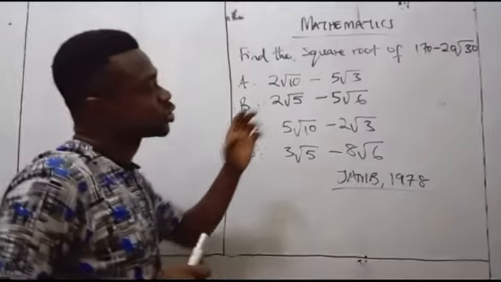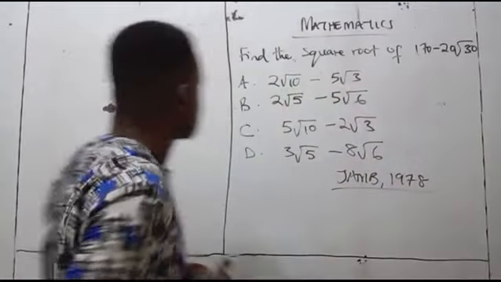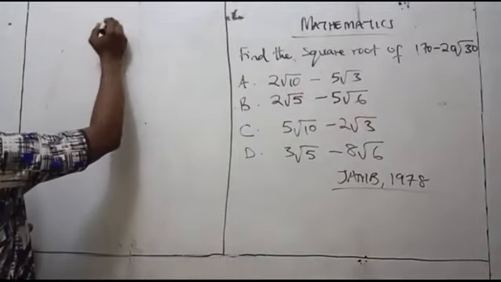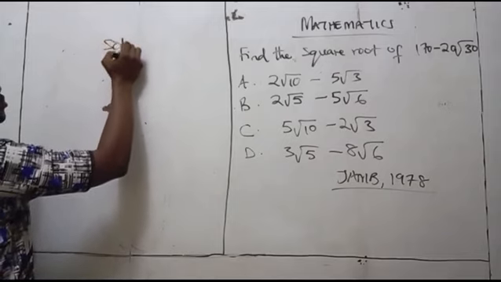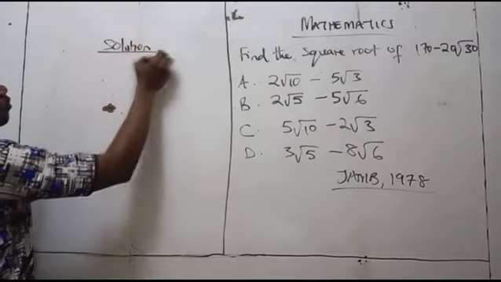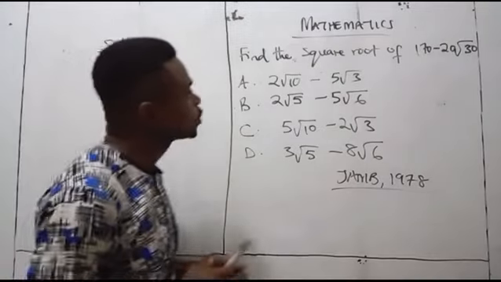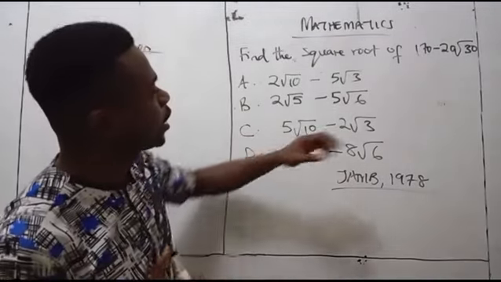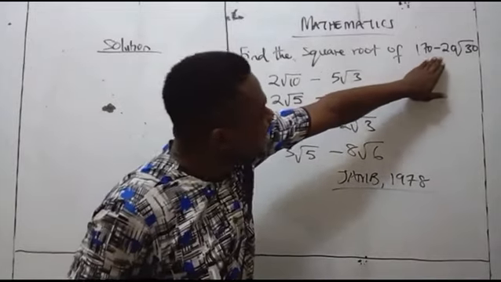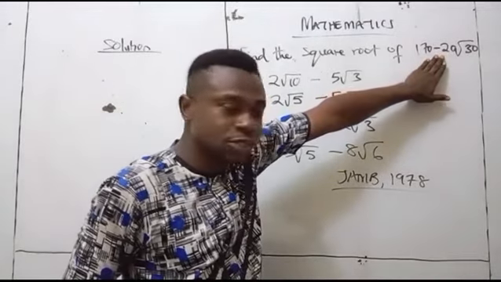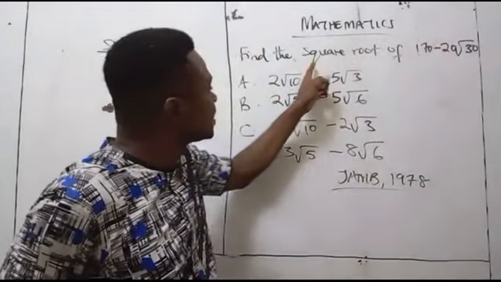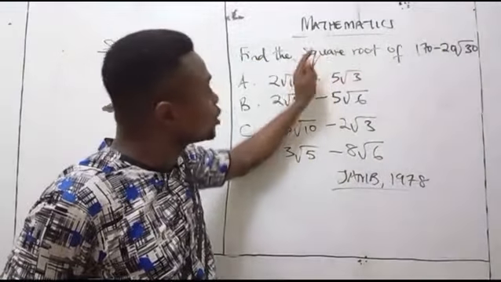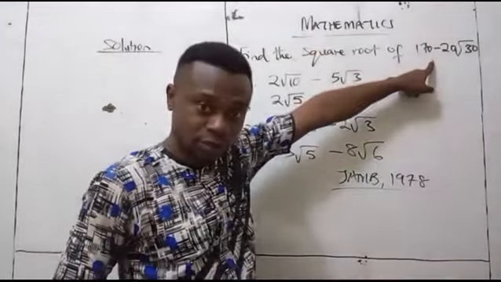For us to be able to solve this question, we look for a surd in this form. We equate this surd. Remember, we are going to find the square root of this surd.